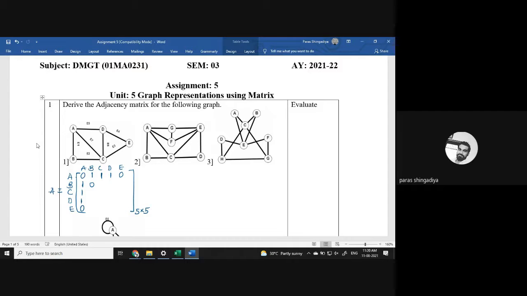B to C, B and C are connected, so that is 1. B and D are not in adjacent relation, so it will be 0. Similarly B and E are also not adjacent, so it is also 0. Now you can rewrite this second row as the second column. So 0 1 0 0 you can consider as the second column. Clear? That entry will always be the same.